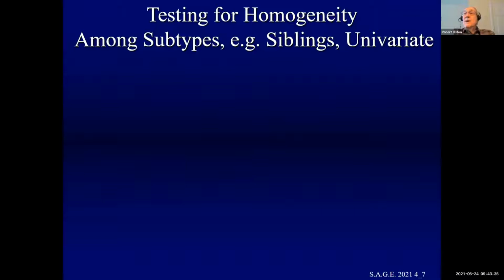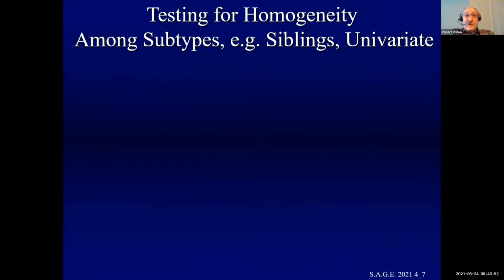So among subtypes, for example, let's consider siblings, univariate. The statistics are Wald-type statistics, and don't rely on maximum likelihood theory.